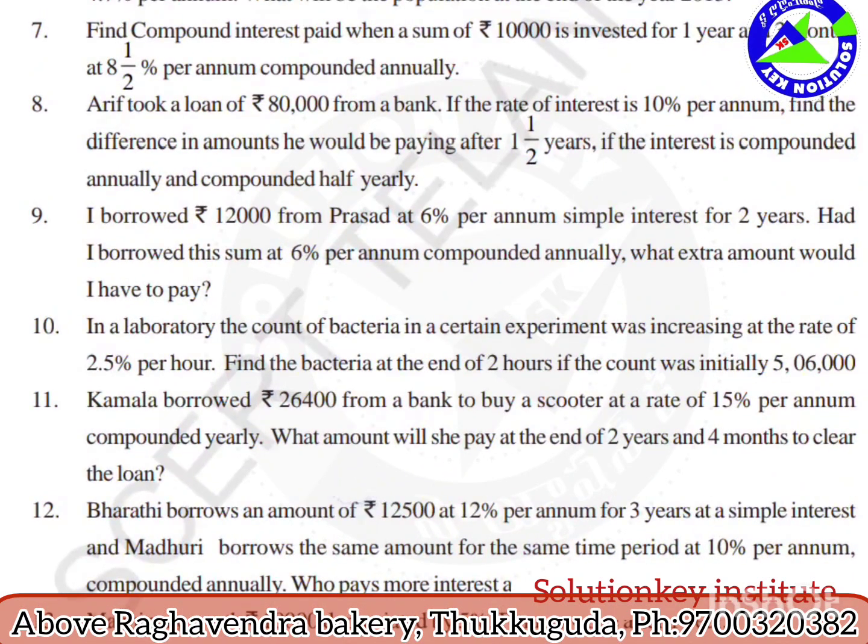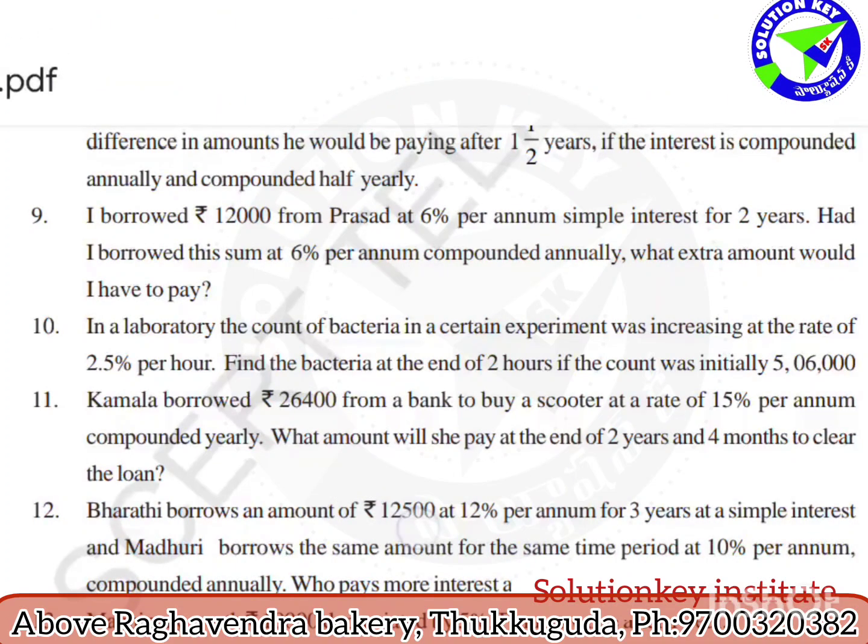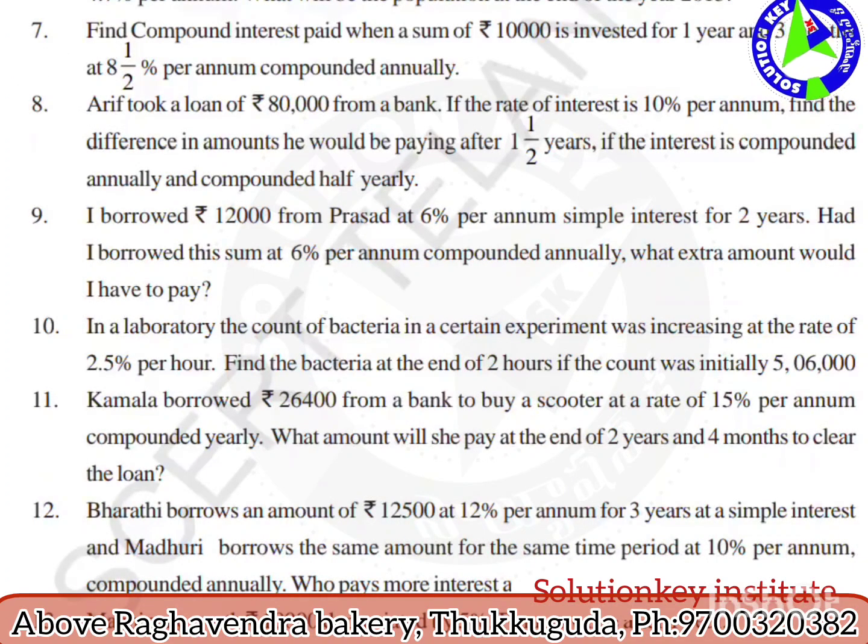See the question now. I borrowed 12,000 from a person at 6% per annum simple interest for 2 years.